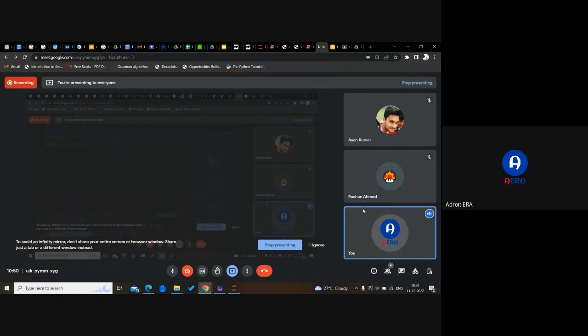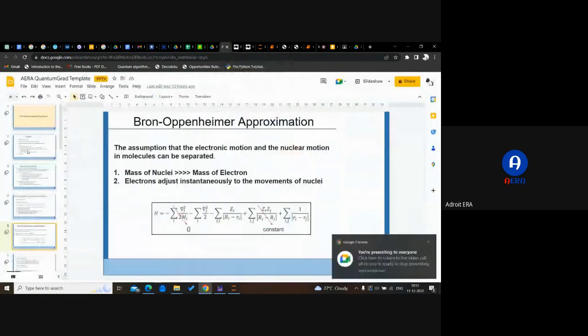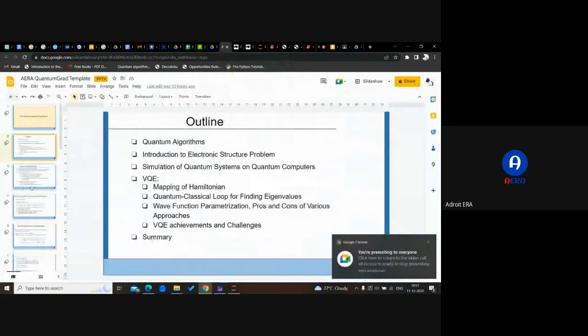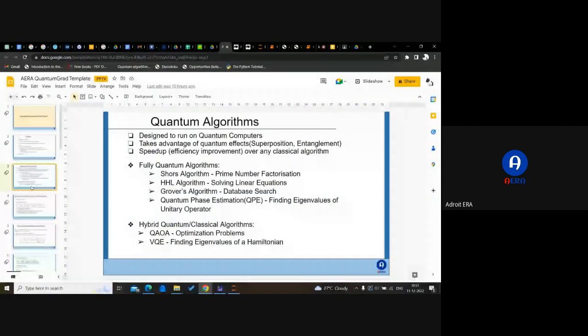So we are already halfway. I discussed some introduction to VQE, so I will brief you on what we have discussed so far. I discussed quantum algorithms and hybrid quantum classical algorithms. Fully quantum algorithms are designed to be used only on quantum computers. Hybrid quantum classical algorithms are not like that. They require quantum computers as well as classical computers.